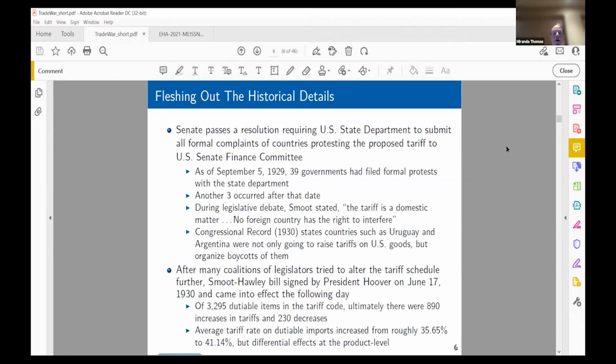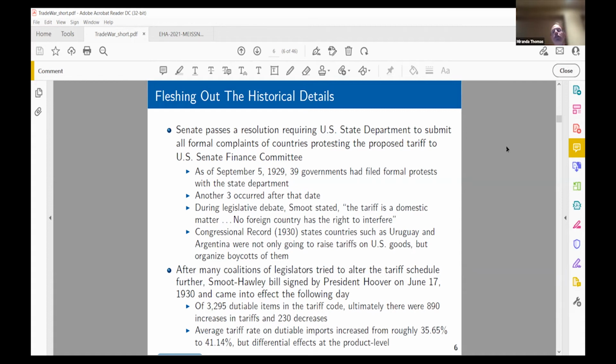On average, tariffs on dutiable imports increased by about 6 percentage points, but within product categories, there's considerable difference, as you can imagine. This was all passed by President Hoover on June 17, 1930.